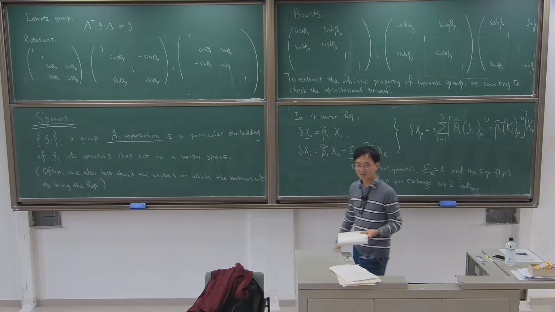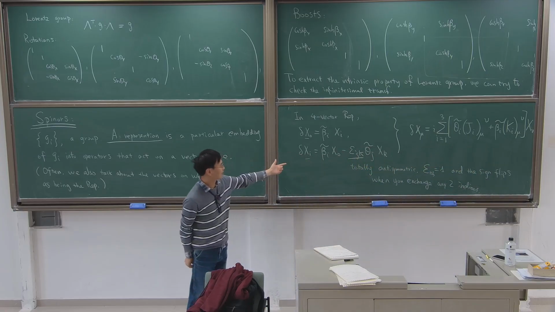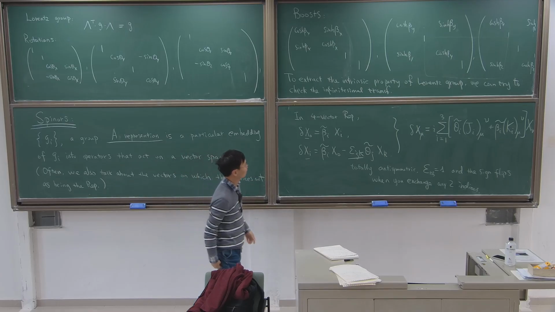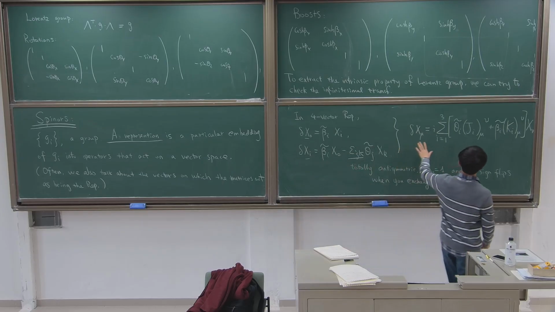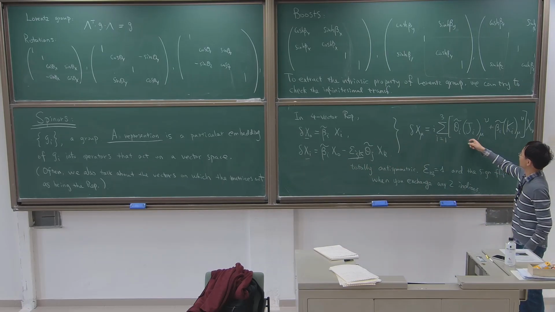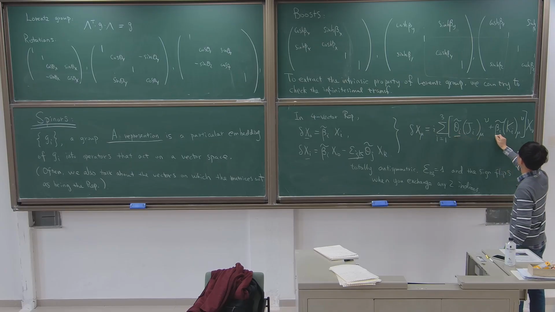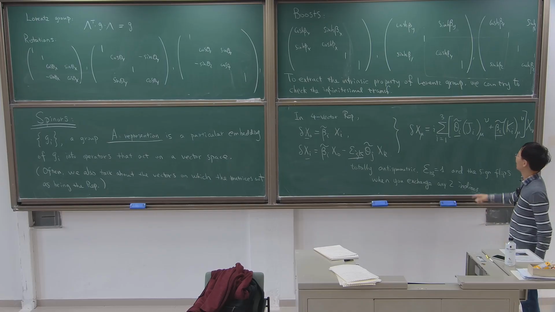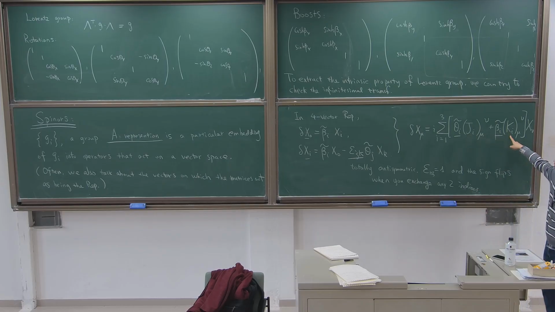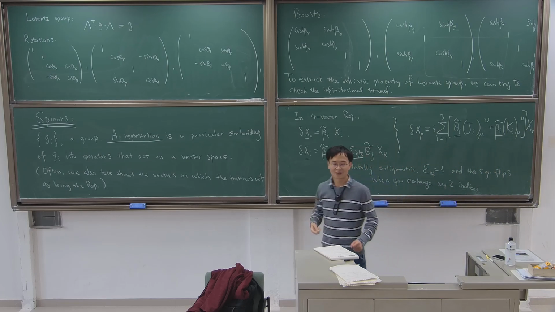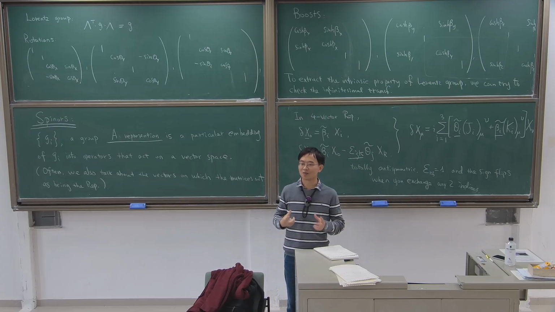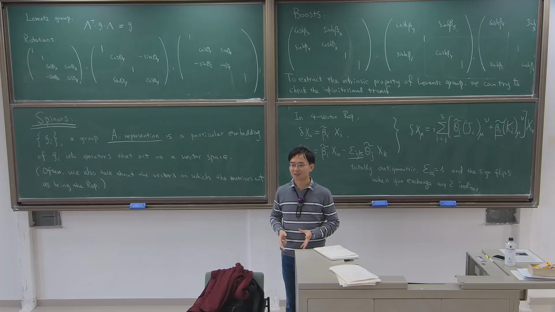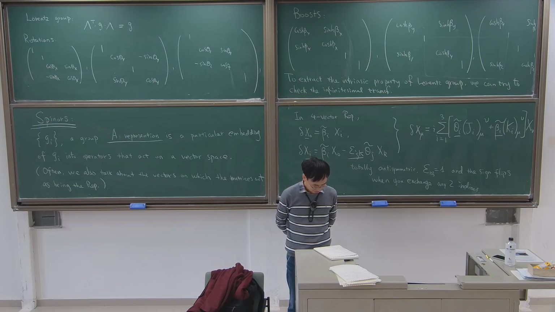The theta and beta are just numbers, the parameters, while J i and K i you should view as matrices. So you can express the infinitesimal transformation on a Lorentz vector in terms of these J matrices and K matrices.